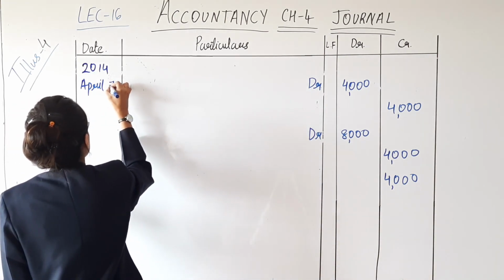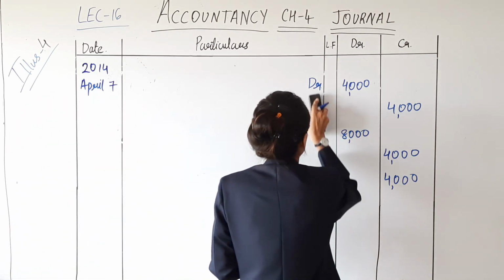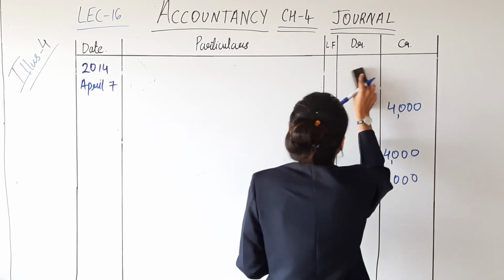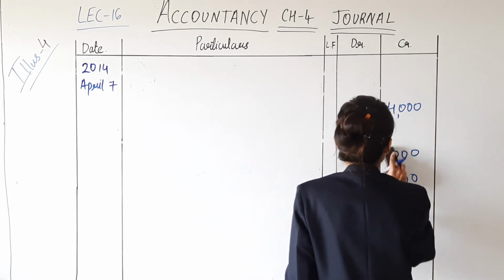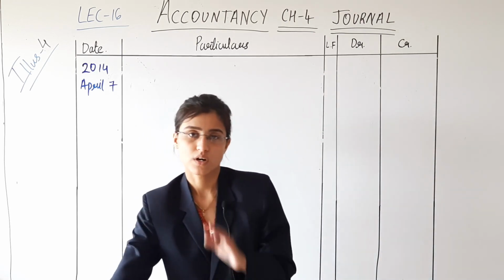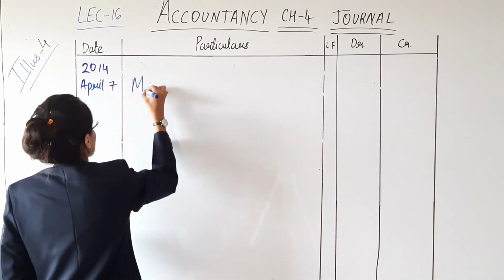Seventh of April, you have returned goods to Mathura traders. So firstly, who is the receiver? Mathura traders. So debit the receiver. Firstly, we are going to debit Mathura traders account with no doubt.